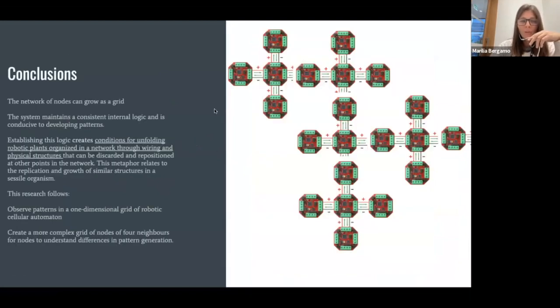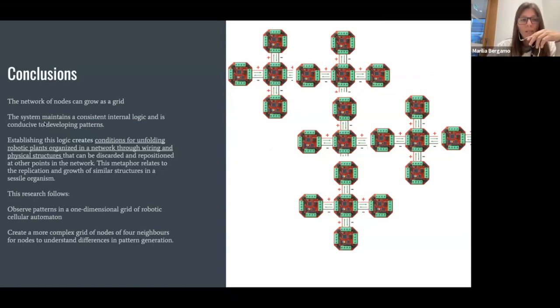And the conclusions of the idea: we wanted to create a board, make sure it was working, and make it real. What we found is that the network of nodes can grow as a grid, so we can grow with each 7 units. We need a 12 volt power source.